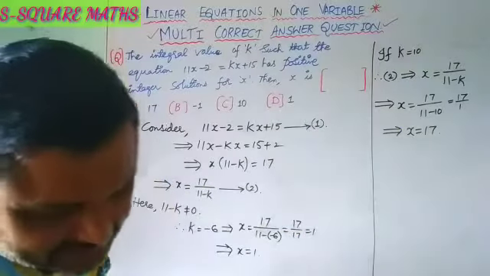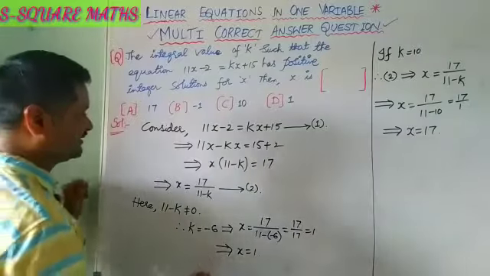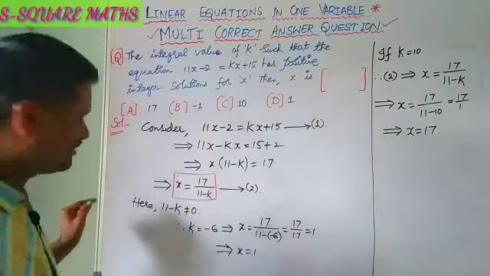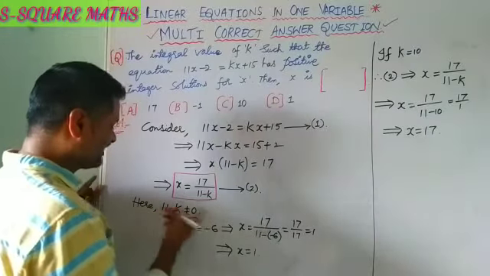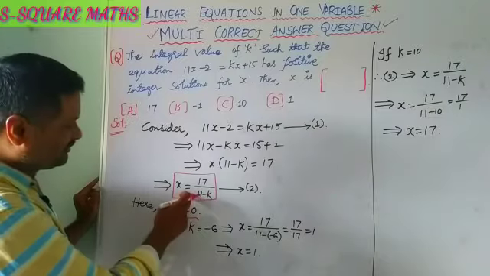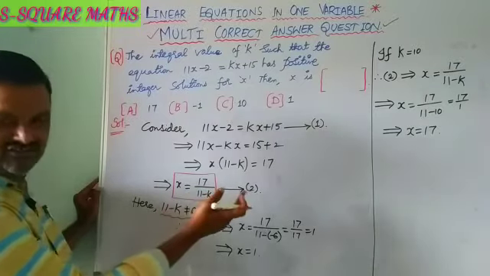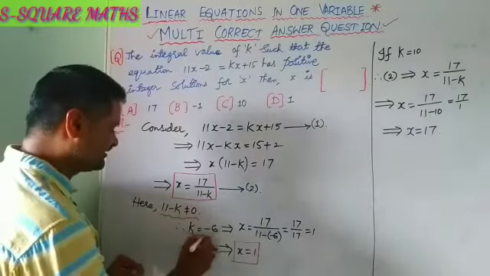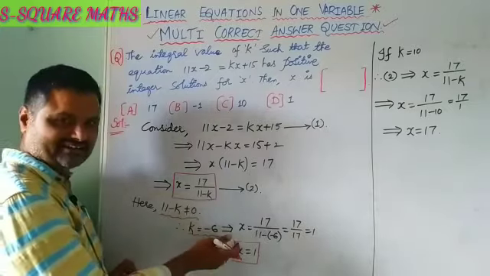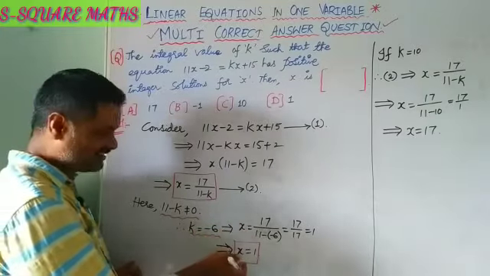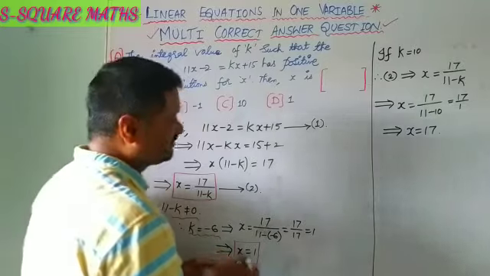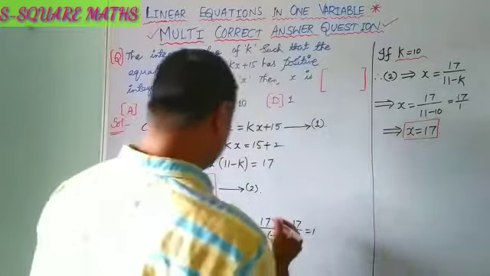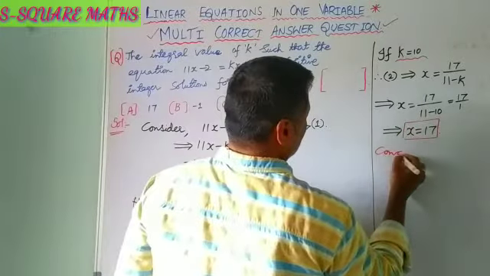An important condition is that k can never be 11, because 17 by 11 minus 11 is 17 by 0, which is undefined. Just like trial and error, minus 2 or minus 7 or minus 6 and so on: for k is equal to minus 6, x is equal to 1, and for k is equal to 10, x is equal to 17.